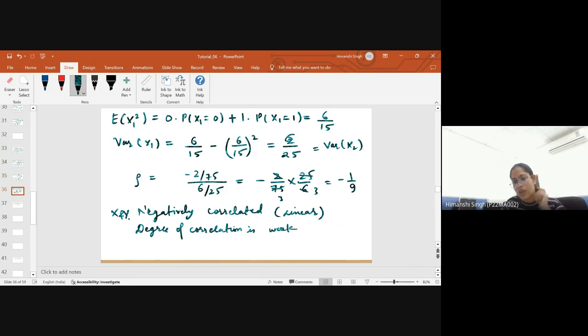It is a weak correlation. They are weakly correlated, weakly negatively correlated, we can say. So I hope these calculations and all the things are okay for this question. We'll move forward to the next question now.